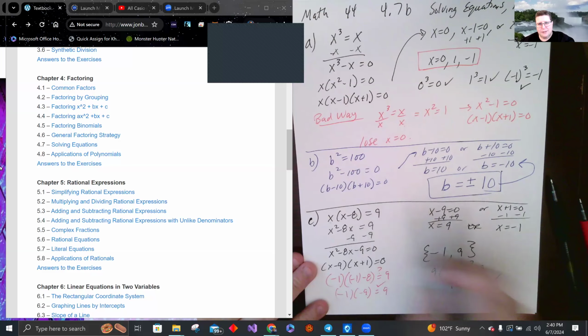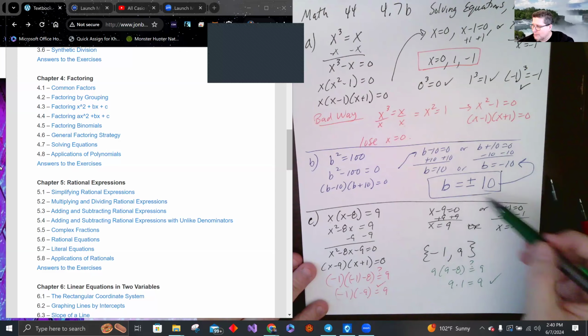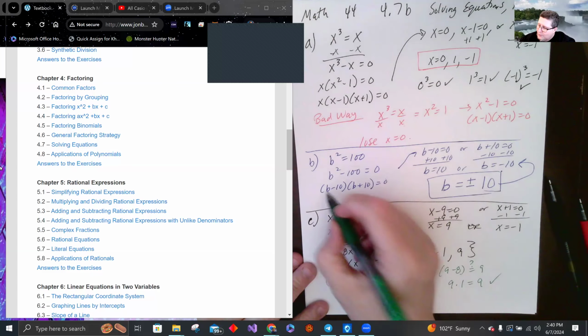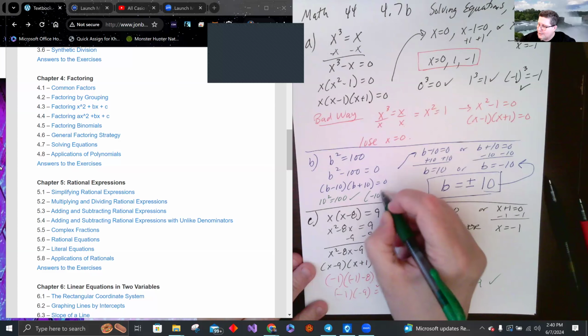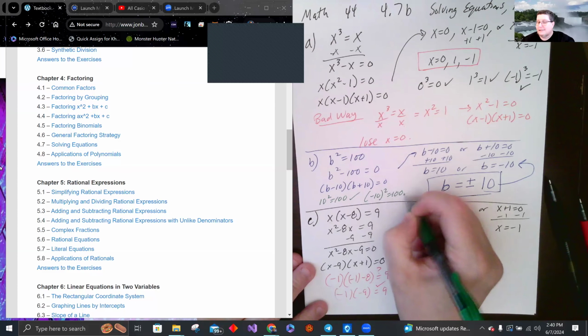And I should have done that up with the other ones, but I didn't. Or I did it on this one, but I didn't check my work on this one. I can check it real quick. 10 squared, does that equal 100? Yes. Negative 10 squared, does that equal 100? Yes.